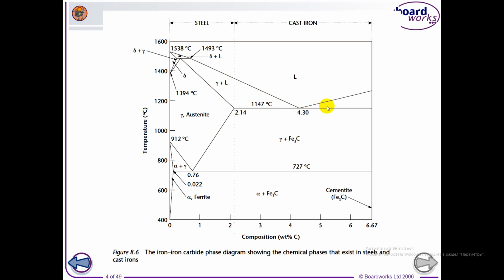The iron-iron carbide diagram is undoubtedly the most important phase diagram in metallurgy. This is so as steels are the primary structural metals in practically every technological and engineering application.